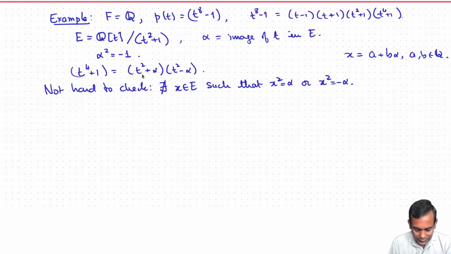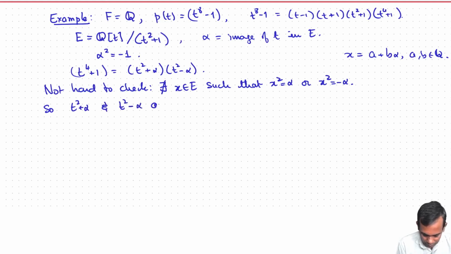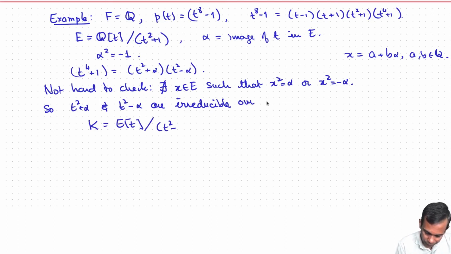What that means is that t squared + alpha and t squared - alpha have no roots, and therefore each of them is irreducible. So t squared + alpha and t squared - alpha are irreducible over E. So we could take one of them and define K to be E[t] mod t squared - alpha.